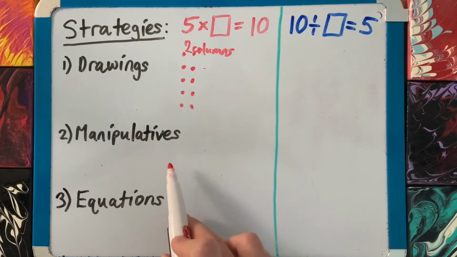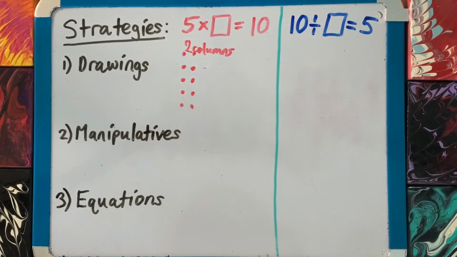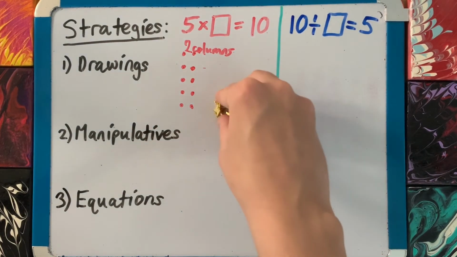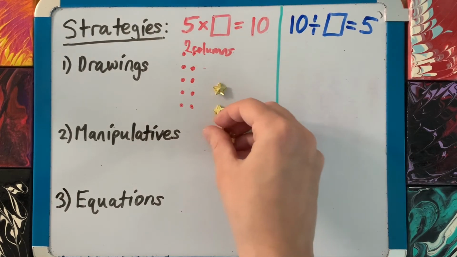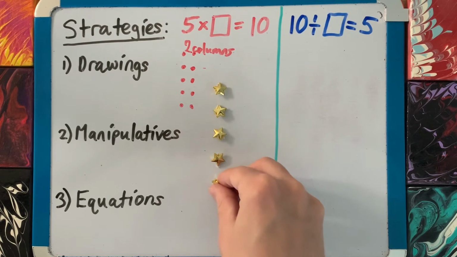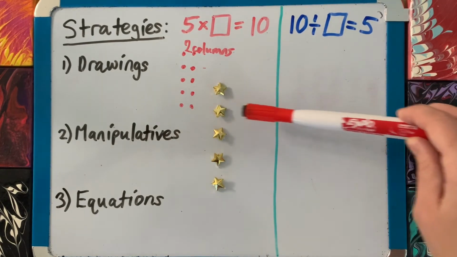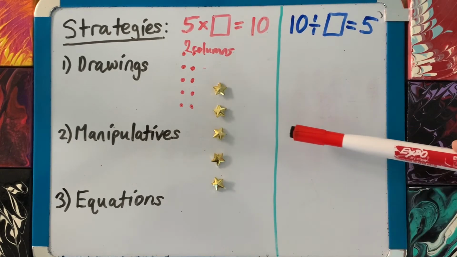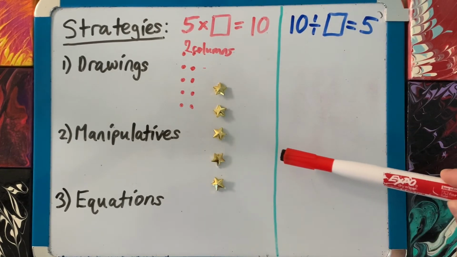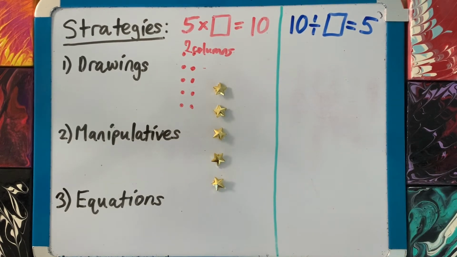So let's use our manipulative strategy. So back to 5 times blank equals 10. We know that there's going to be 5 rows. So let's make 5 rows with our manipulatives. All right, so there's 5 rows, 1, 2, 3, 4, 5, because remember rows go horizontally, they go left and right.